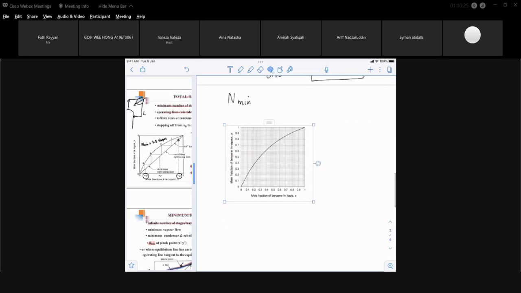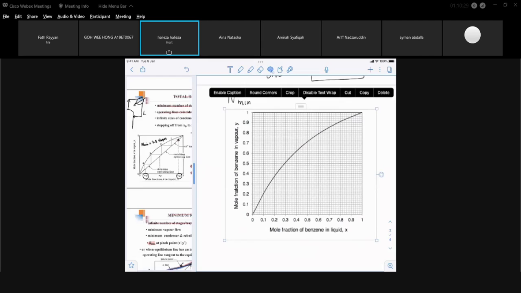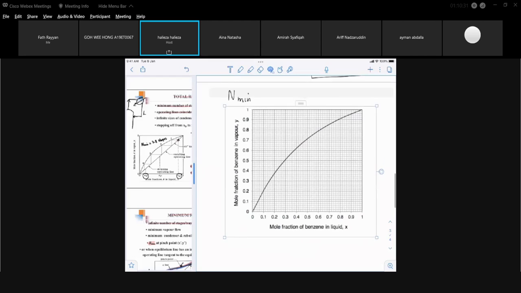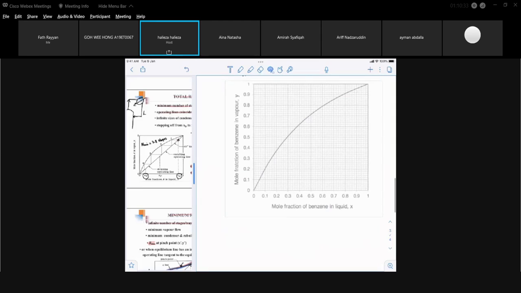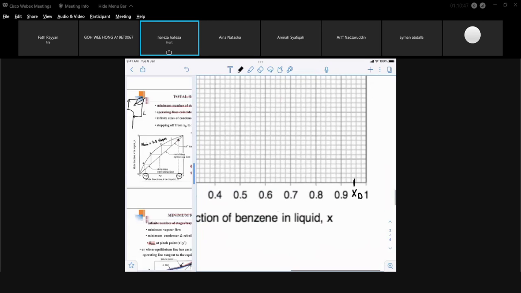That's my graph. Next, what I have to do is get my XW, my XD and XF. My XW is going to be 0.1. That's my XW. My XD, 0.95. That's my XD, the mole fraction of my distillate.